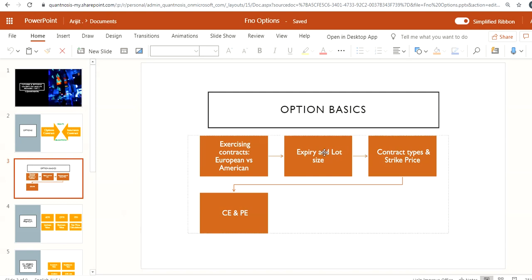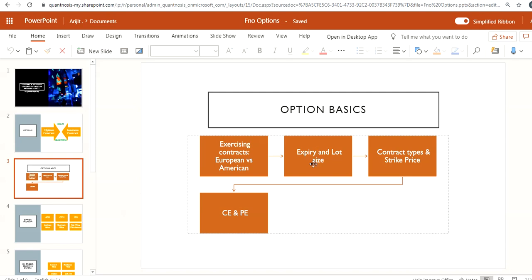Expiry and lot size. This is something we already spoke about in the futures session. The expiry and lot size will remain the same for our contract series. So if a future has a monthly series, similarly an option can also be in that same monthly series, and the lot size will be the same as the future lot size.